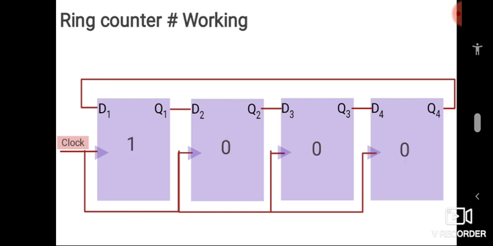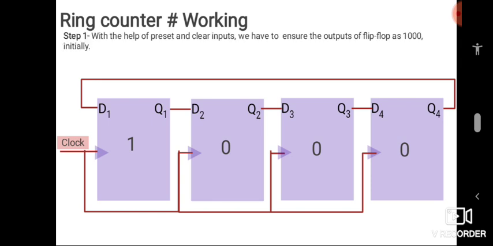So in the working of ring counter, first we have to make sure that the output of the first flip-flop is set to 1, and the rest of the flip-flops are reset to 0. How will you ensure that? For ensuring that, you can use preset and clear inputs. If you remember, preset and clear inputs.